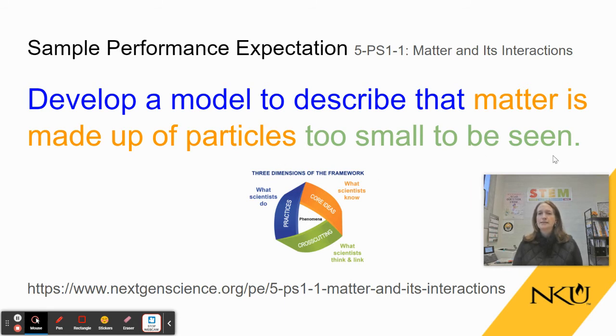So you can really see that with the performance expectations, it's critical that teachers are incorporating all 3 of these dimensions of the framework while they're teaching this standard. If they're not, they're going to miss the mark in terms of what students need to know and be able to do by the end of the unit.